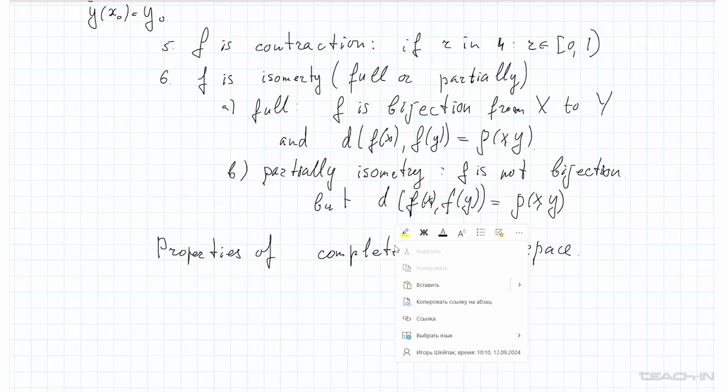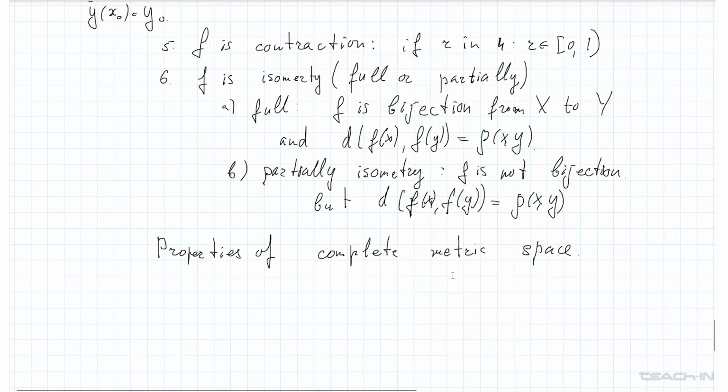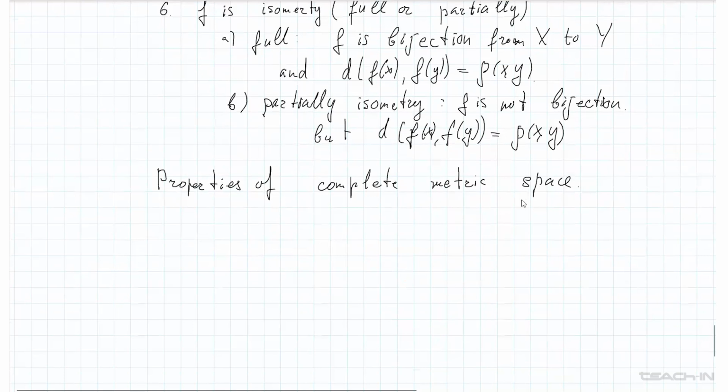But another, I remind you of three theorems, and we discussed which of these theorems we need to prove, or whether they are known facts for you. The first theorem is the theorem on a fixed point.